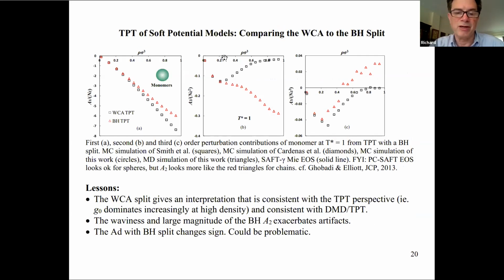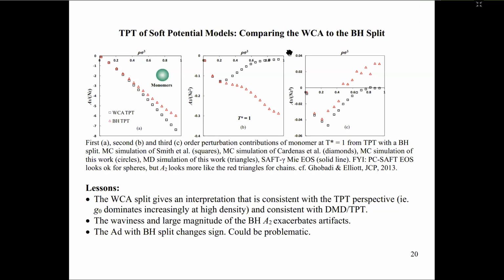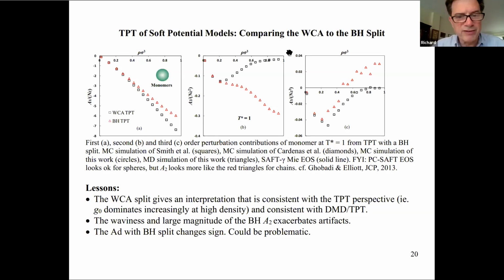And so you can see this is going to be about 0.25 or something like that instead of 0.13. So it's still got its maximum magnitude at the critical density when you use the WCA split. Do you know what that is? The Weeks-Chandler-Anderson split? Actually not.